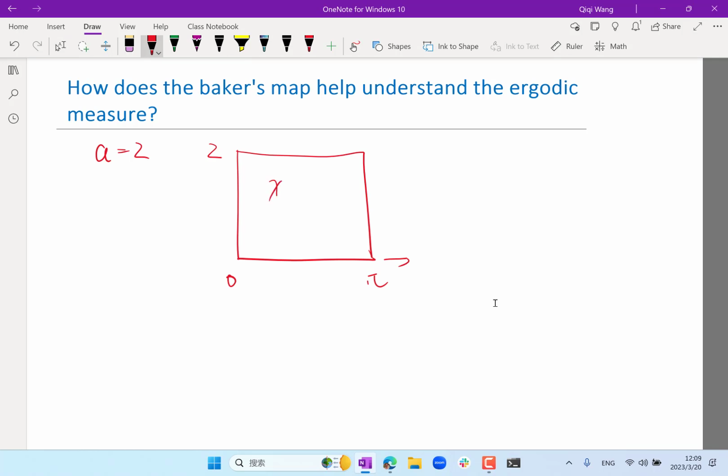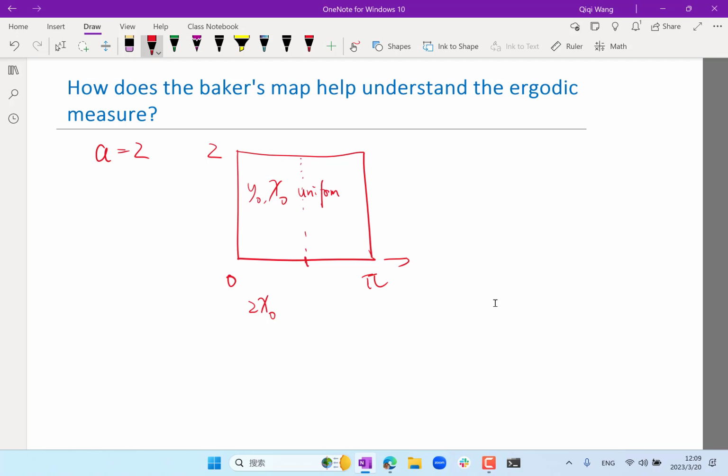So if x0 is uniform in this, then I'm going to be dividing the x-axis into 2 parts. Let's just say x0 and y0 are both uniform and independent.